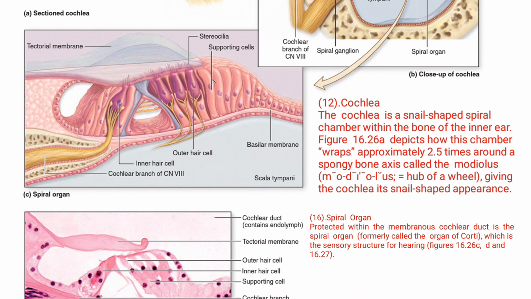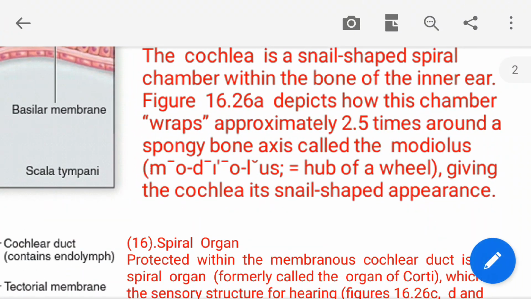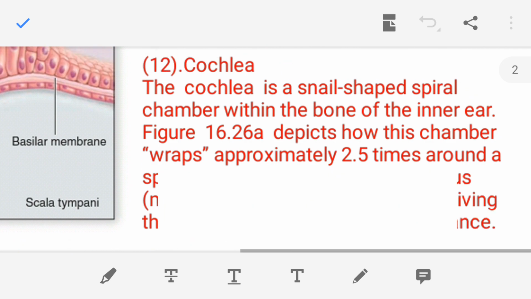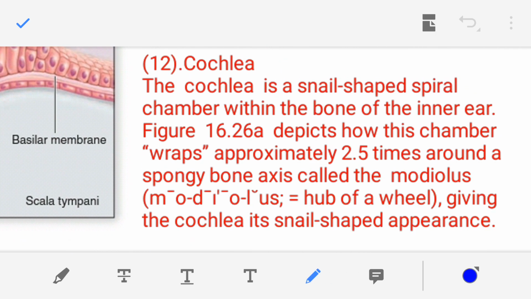So what is the cochlea? The cochlea is a snail-shaped spiral chamber within the bone of the inner ear.